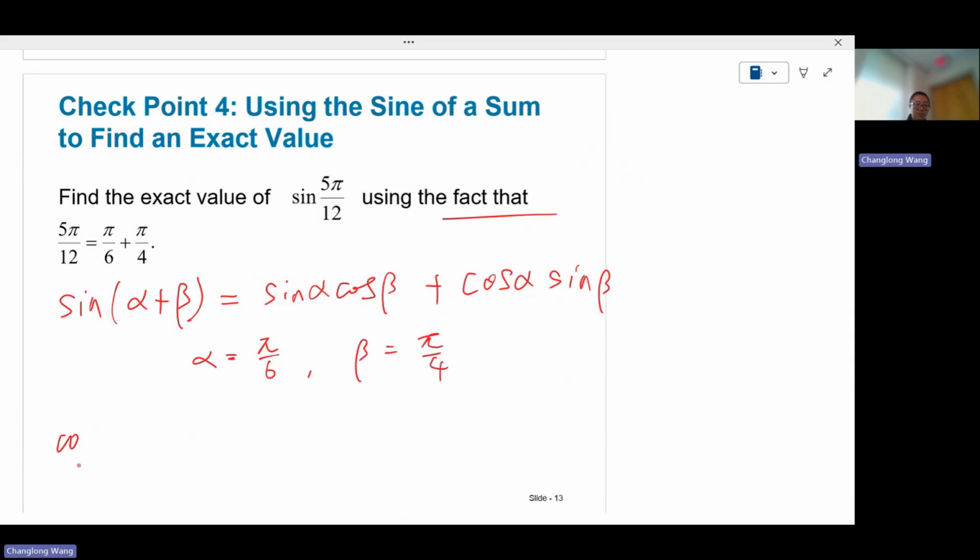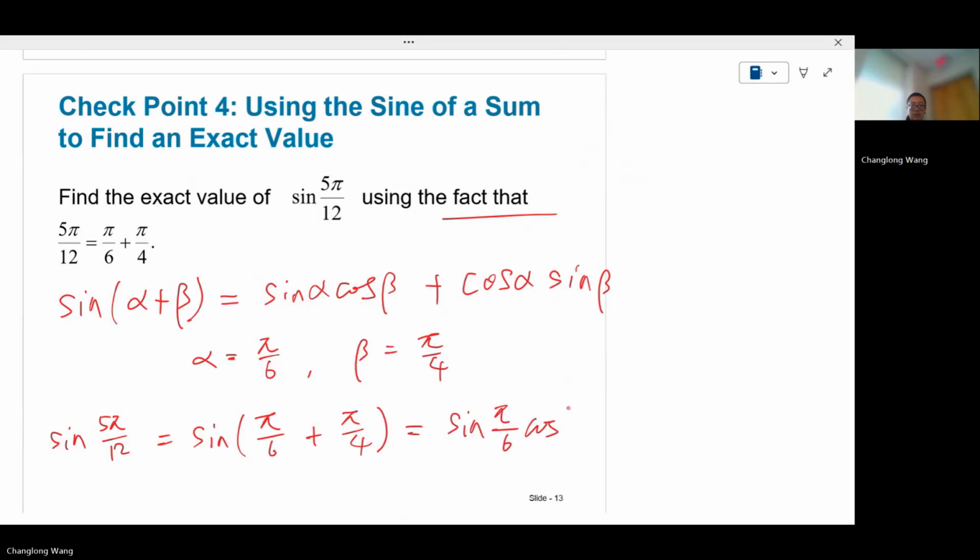So we rewrite sine of 5 pi over 12 as sine of pi over 6 plus pi over 4. You break it up into sine pi over 6 times cosine pi over 4, plus cosine pi over 6 times sine pi over 4.